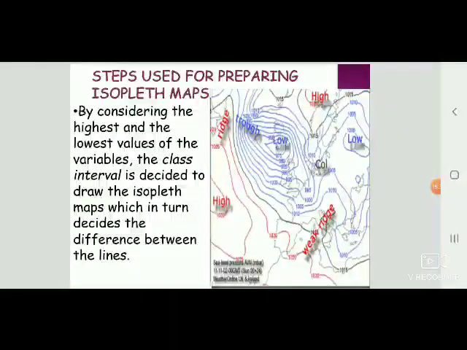On the basis of this information, isopleth maps are prepared using the below steps. By considering the highest and lowest values of the variable, the class interval is decided to draw the isopleth maps, which in turn decides the difference between the lines.